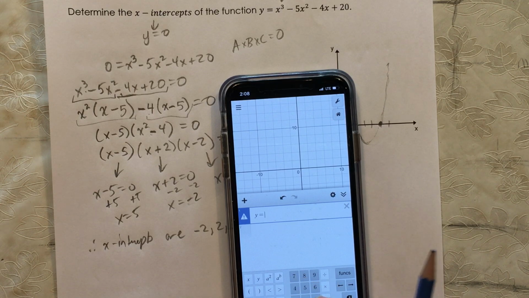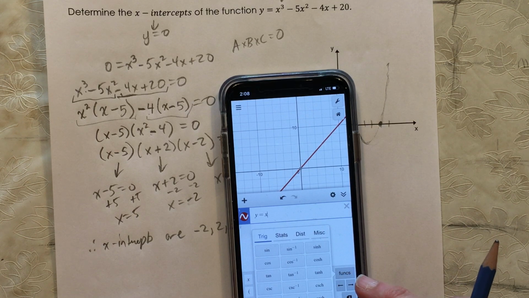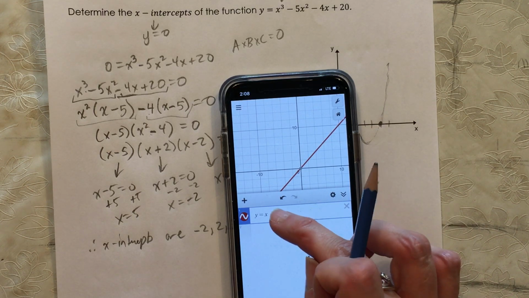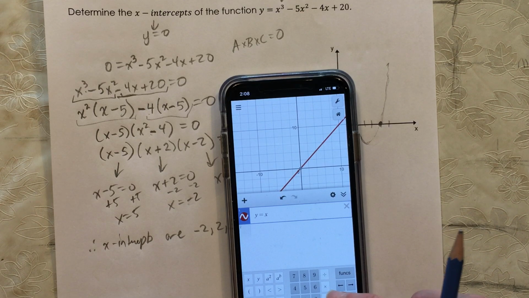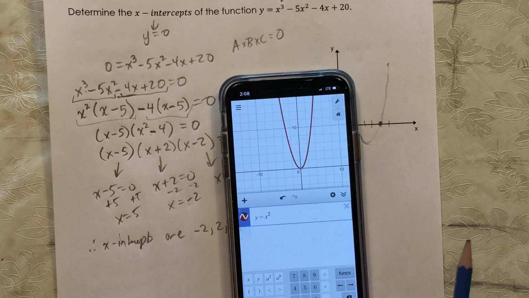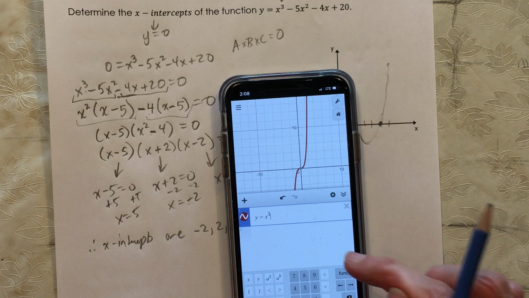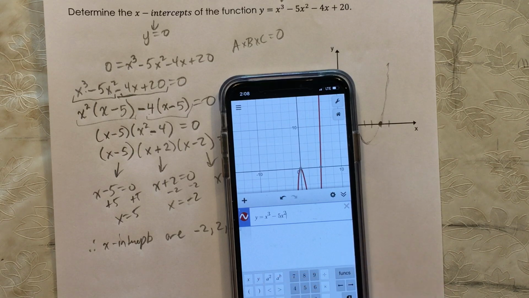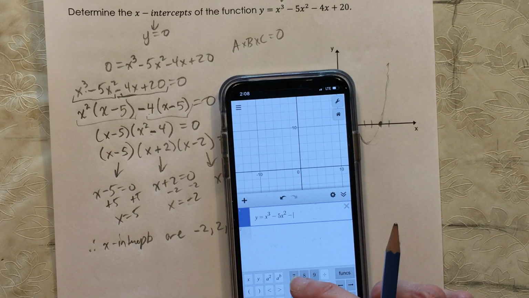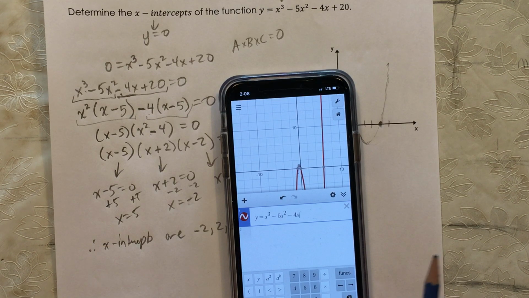So we have y equals x cubed minus 5x squared minus 4x plus 20.